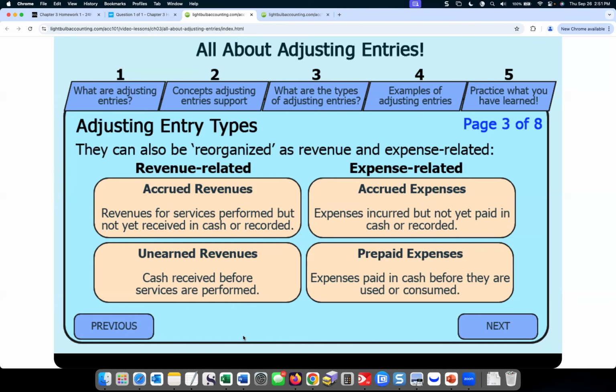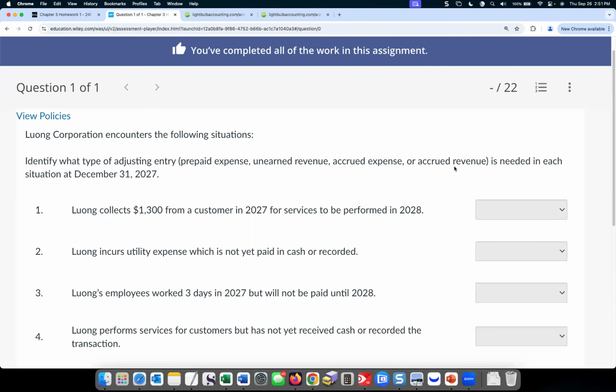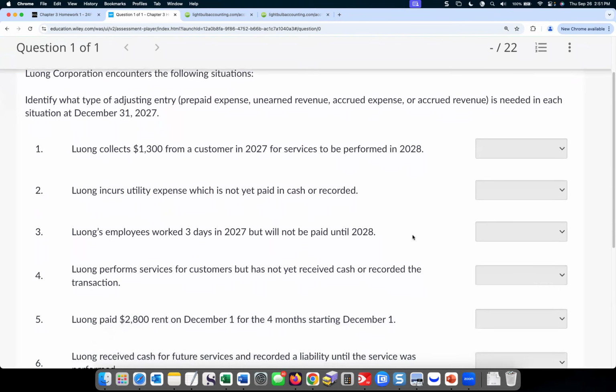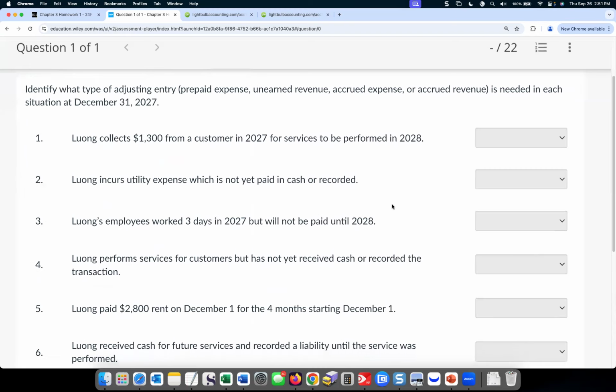There's a delay in the recognition, or a deferral, of the revenue, and we're going to recognize it later when we actually perform the service. So the answer for the first one would be an unearned revenue type of adjusting entry. When we're done with this, I'll make sure the solution is available so you can see the text in the fields. Right now, we're just working through it piecemeal. Let's do a few more of these and then we'll take a break and finish it when we get back.